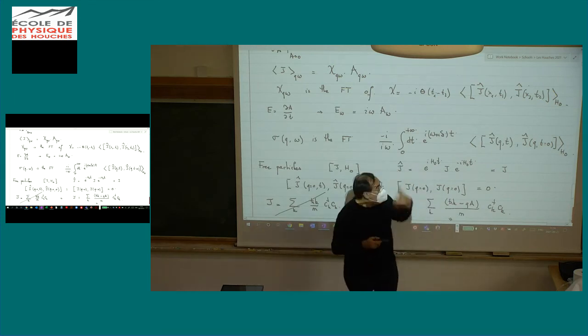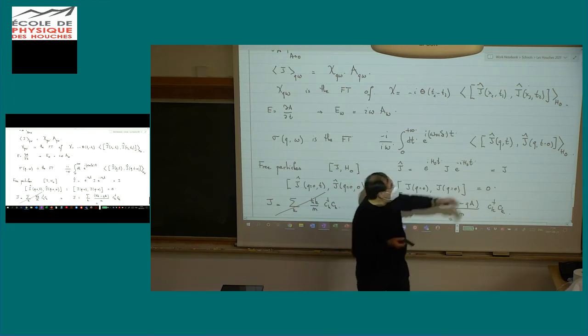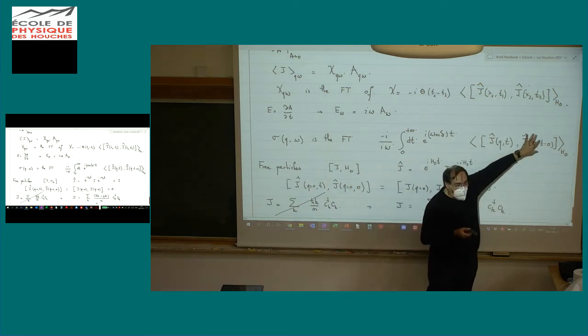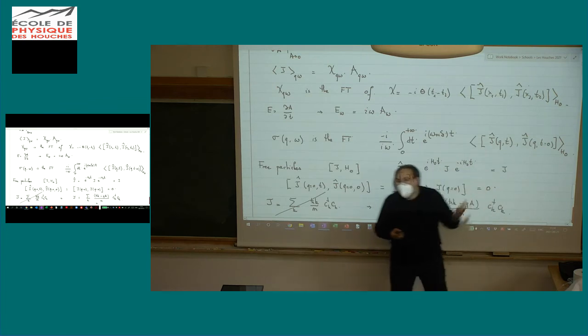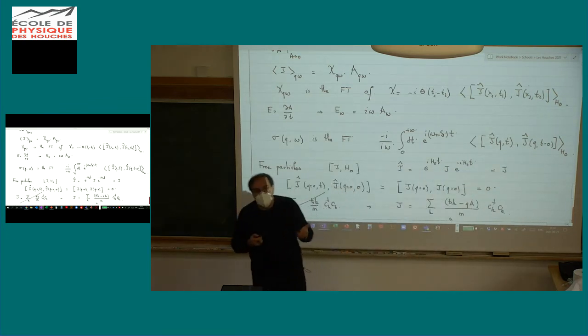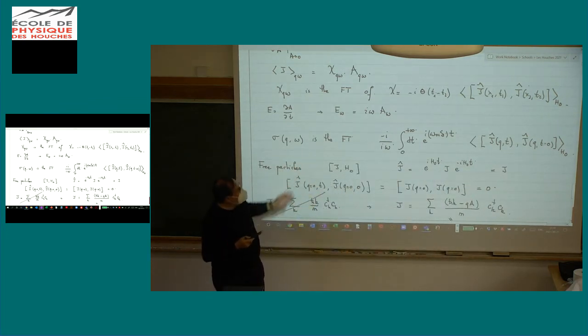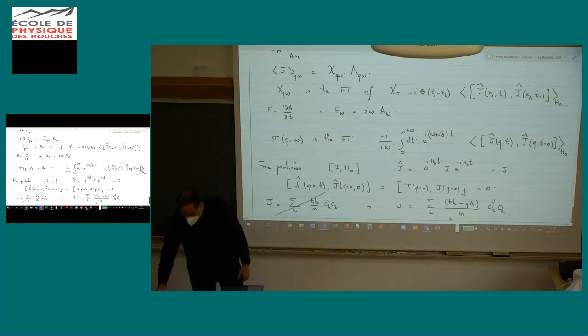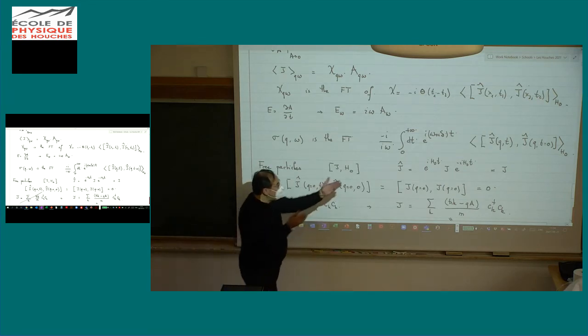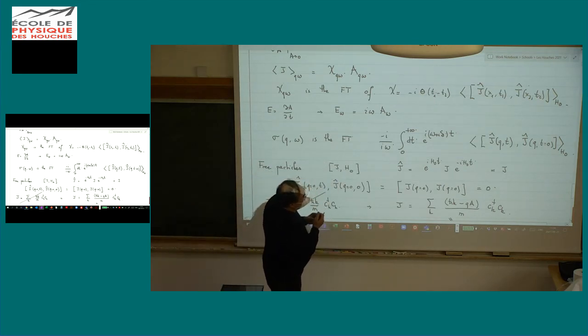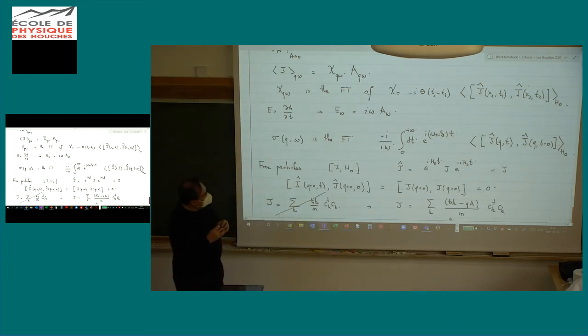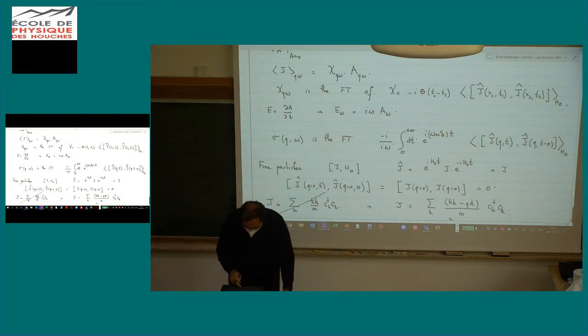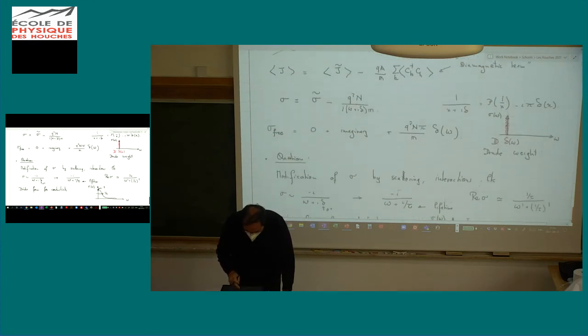I could put a gradient of temperature instead of an electric field, in which case this will be J, this will be something else, and so on and so forth. So you have a very generic framework to measure transport coefficients through the system. And again, the practical difficulty is to be able to do the calculation normally.